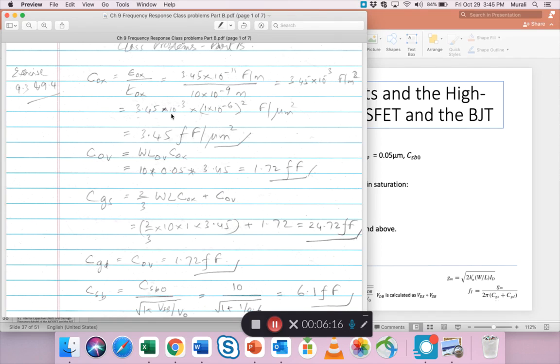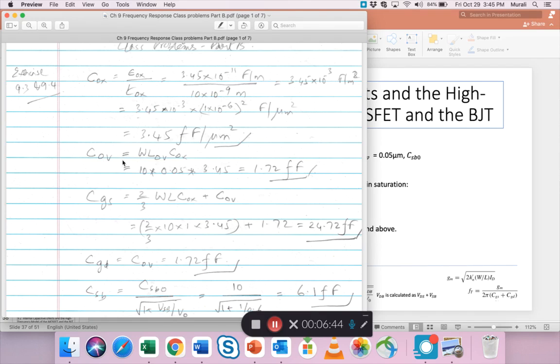So to convert from farads per meter square into farads per micrometer square, you have to multiply with this term. First you convert meters to micrometers, right? And then you have to square it. So that is one step to remember, COX.